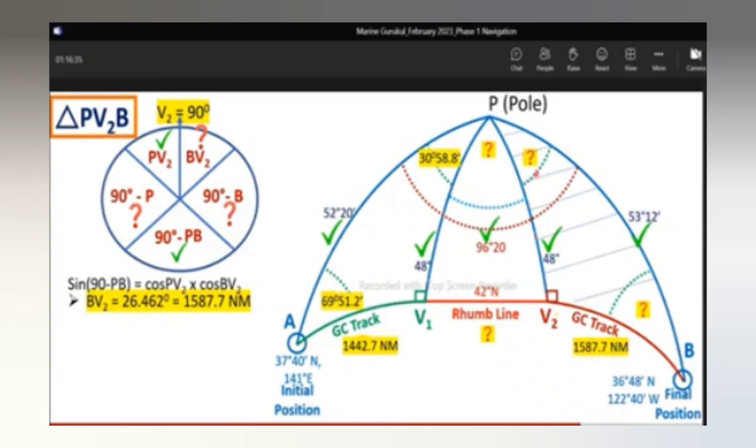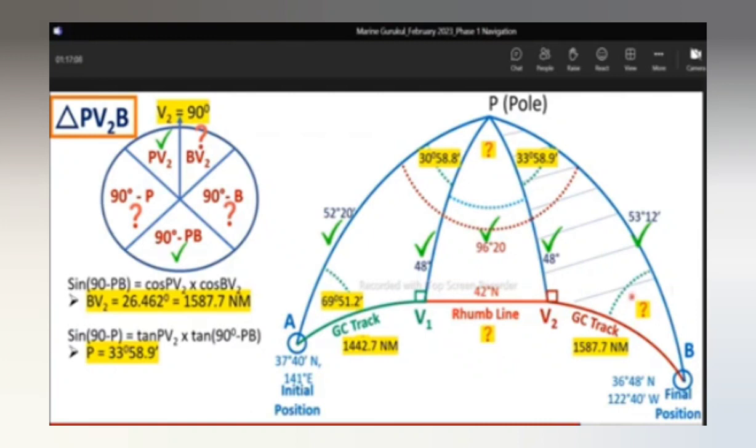Now we write down the formula for angle P of the triangle: product of the tangents of the adjacents. Put the values. Angle P comes to 33 degrees 58.9 minutes, and the value of P goes into the diagram. Again, had the longitude of V2 been asked for, we could have applied this D long to the longitude of B to get the longitude of V2. Not required, so not being calculated.